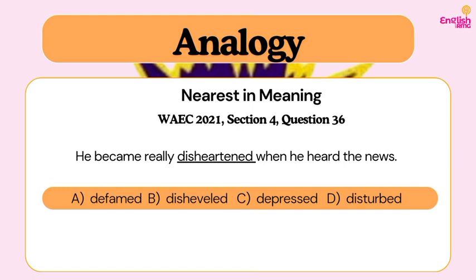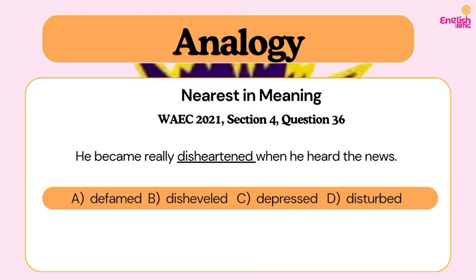Disturbed is close, but the most suitable word is what? Depressed. Do you understand? Because when someone is disheartened, it means that the person is low spirited. The person is sad. The person is down emotionally because of one thing or the other that has happened, just as learning about bad news. So the apt word in this context is what?